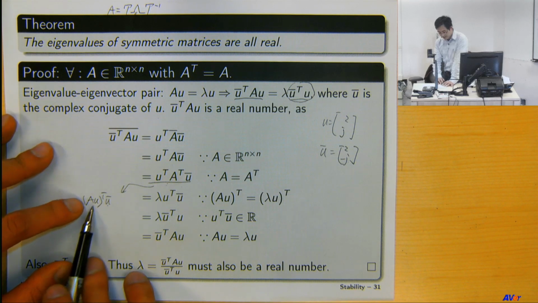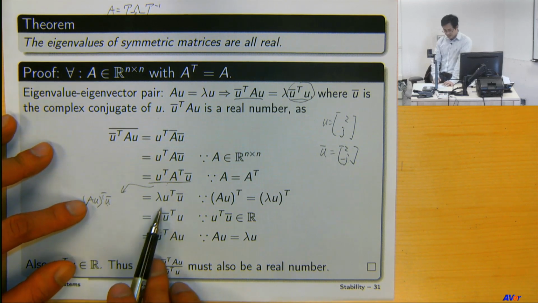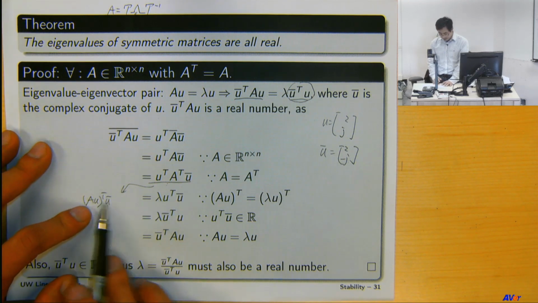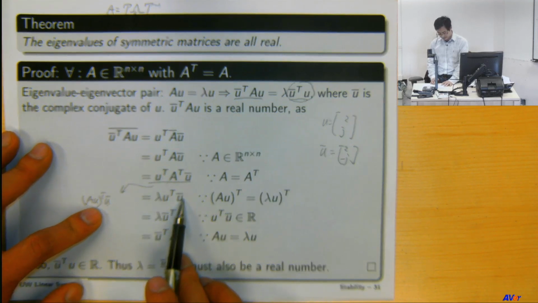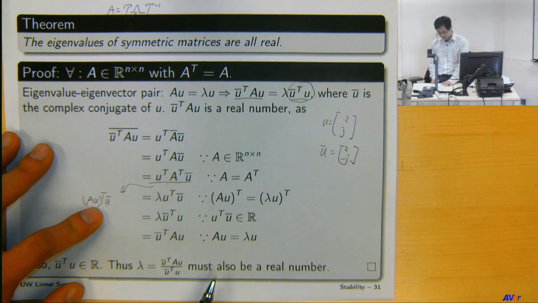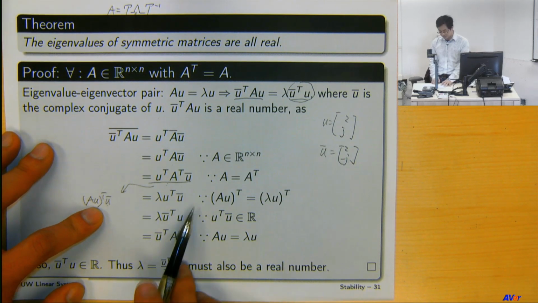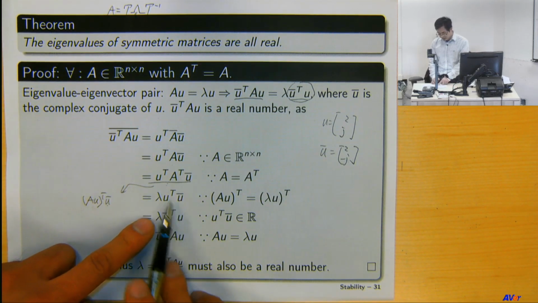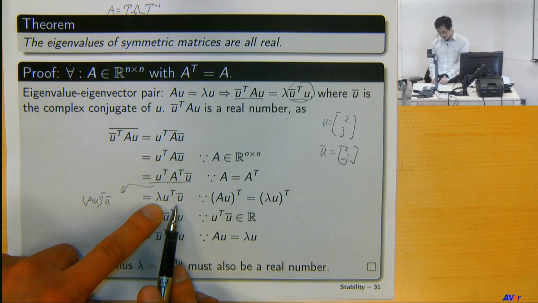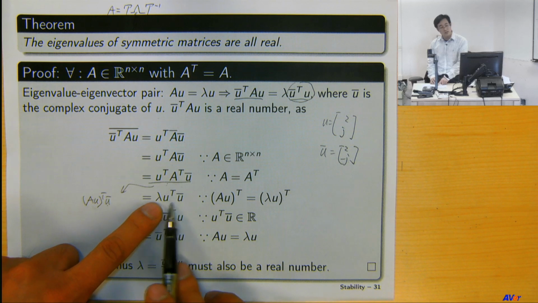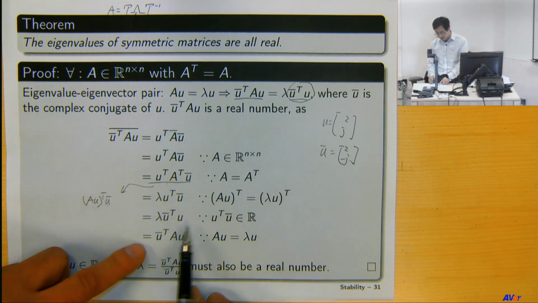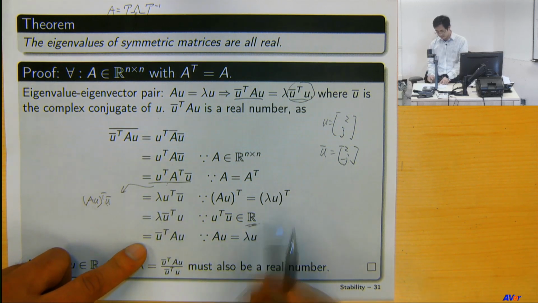Now, once you recognize that, AU is nothing but lambda times U. So it's going to become lambda times U transpose and then U bar. So the result is clear from here. U bar and U are complex conjugates of each other, and if you do U transpose times U bar, it's going to be a real number.